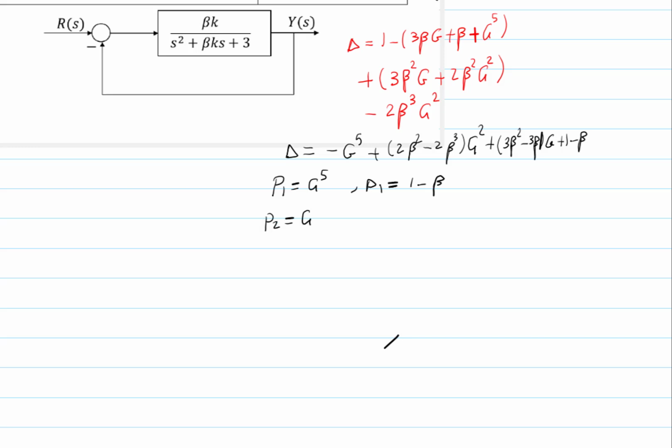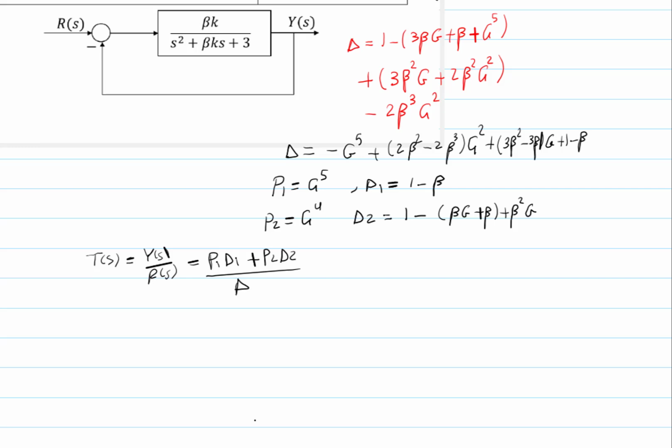P2 is equal G to the power 4, and delta 2 will equal 1 minus beta G plus beta plus beta square G. So now we can write the closed loop transfer function, which will equal T of S equal Y of S over R of S, and this is equal to P1 delta 1 plus P2 delta 2 over delta. So we have everything here.